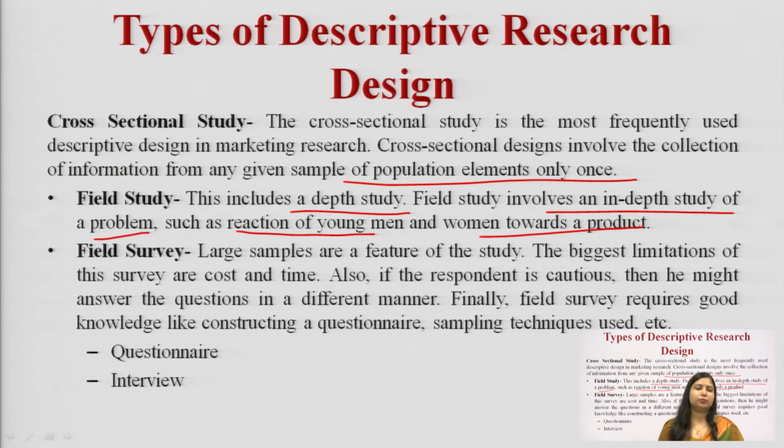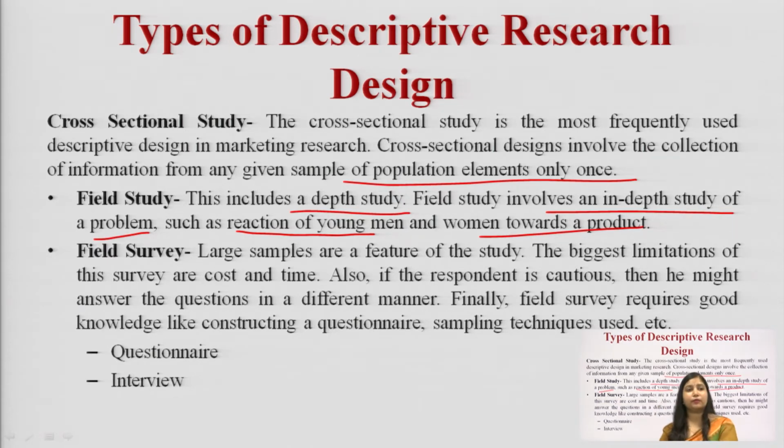It means in this study the researcher records the data by himself. Take an example: he goes to the shop and wants to know how people react to a particular product, like perfumes. They want to know the inclination of how young men and women respond to that particular type of perfume. So, this is your field study.